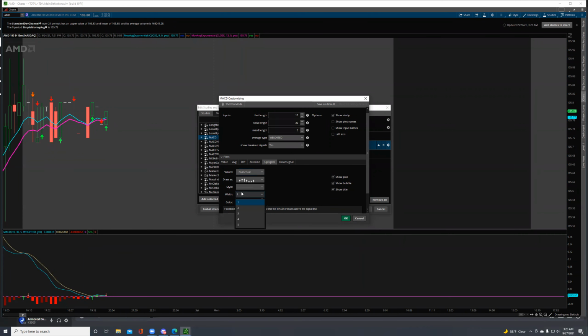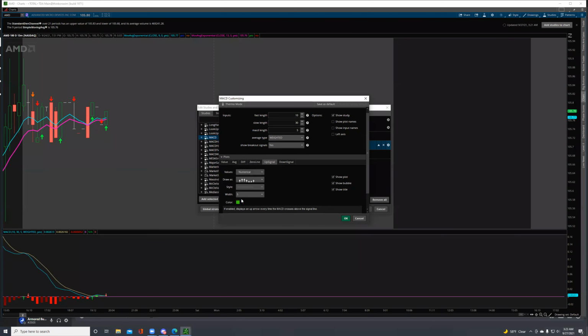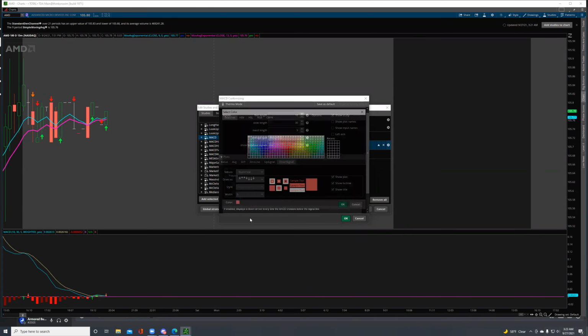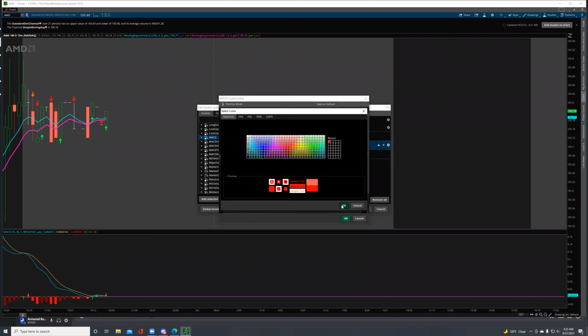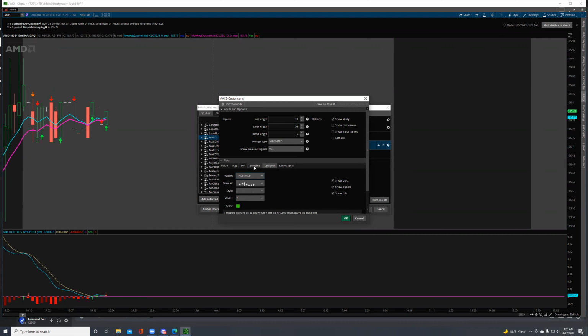Up signal is going to be much larger than that because we can't see it. That looks good. Down signal is bigger and red because we like to be able to really get that signal in your mind. Okay. 0 line width is fine.